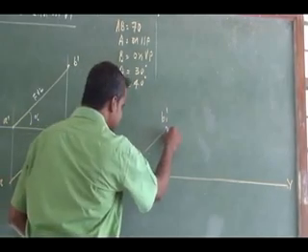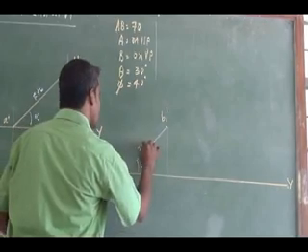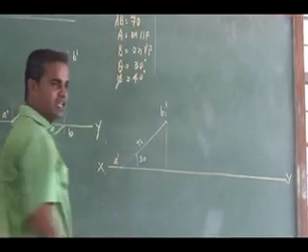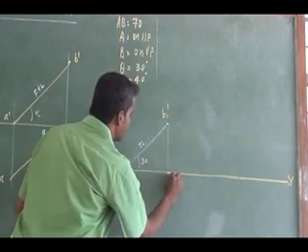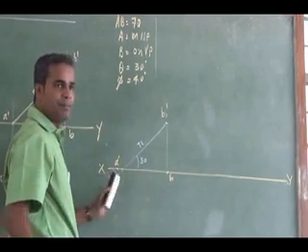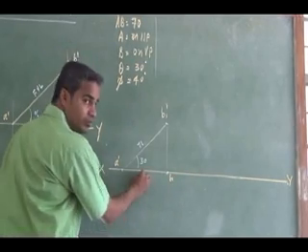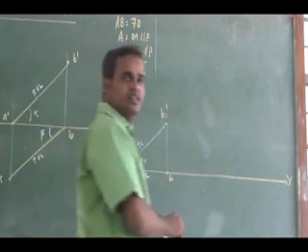Then I can project this. So this angle is 30°. And this is my true length. True length is nothing but 70. Right. So this will be my B1. So what will be this? A dash B1 will be my top view length. And I will have a locus for this.